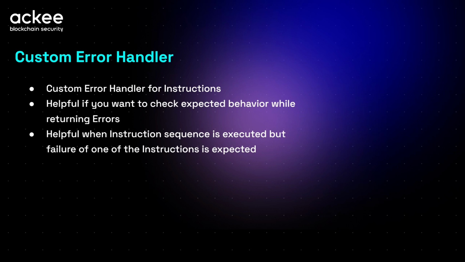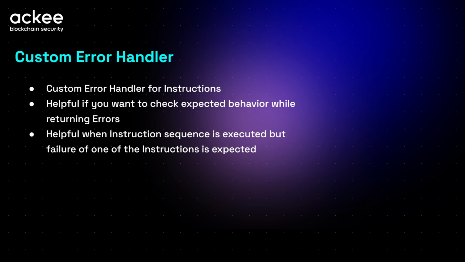Based on that, you can check that the instruction behavior or the returned error is as expected based on the input data. The second option, let's say you expect some kind of instruction sequence, as we were talking previously, but you expect that one of these instructions will fail and return an error. This would mean that the whole iteration would return, and a new iteration of instructions will be performed.